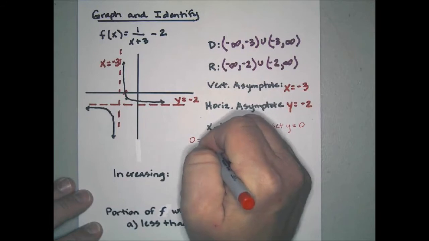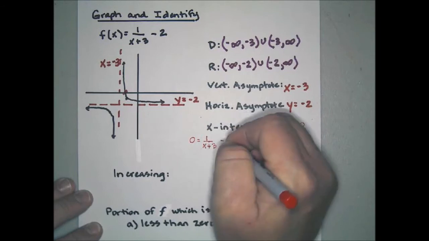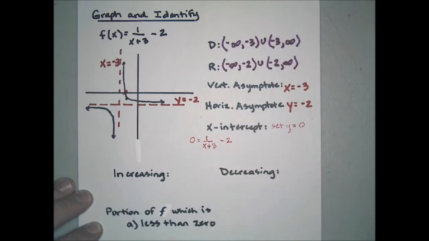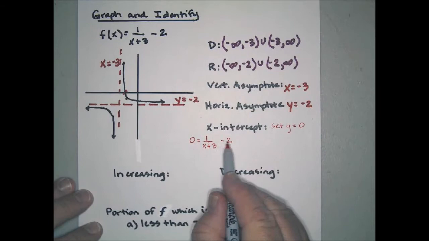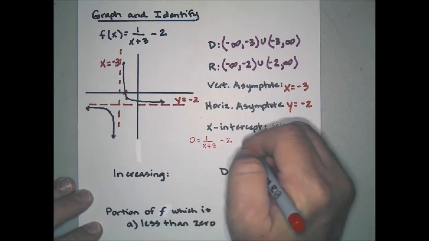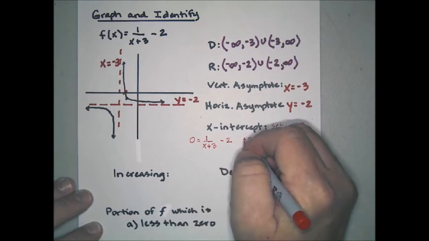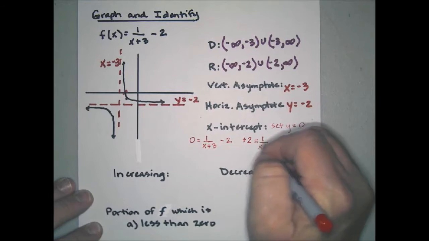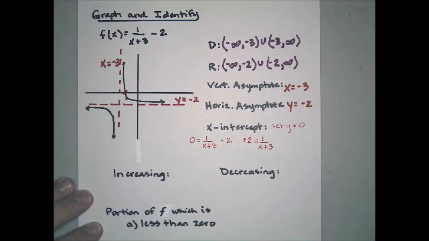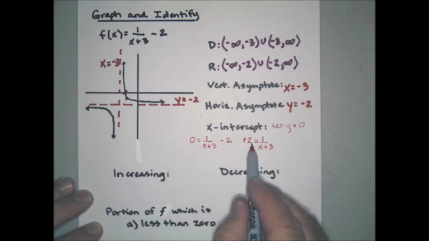0 equals 1 over x plus 3 minus 2. And now we solve this equation by moving the -2 over to the other side. Actually, it's a positive 2 when it comes over there, equals 1 over x plus 3. And now cross multiply: 2x plus 6.